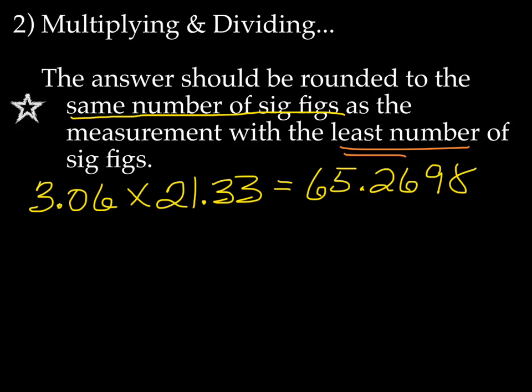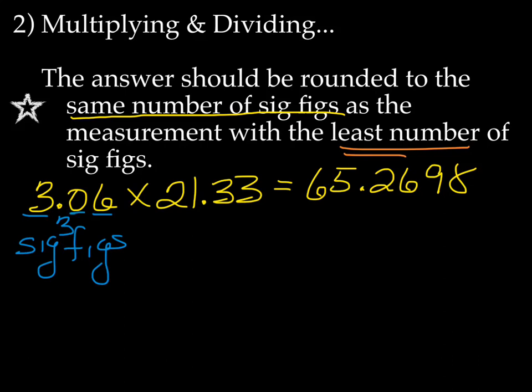The first thing we want to do is figure out how many sig figs, or how many significant digits, each of the numbers in the original problem have. So we'll start with 3.06. How many significant digits does 3.06 have? I say 3 sig figs, because the 3 and the 6 are significant because they are non-zero digits, and non-zero digits are always significant.